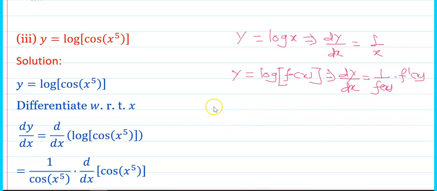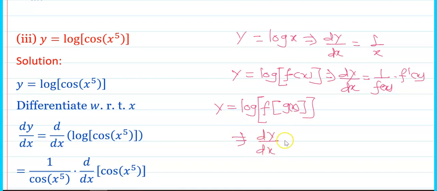But here again we have terms like this. y is equal to log of f of g of x, bracket complete. Then what about its derivative? Its derivative: first, dy by dx is equal to 1 upon f of g of x. This is the first one.